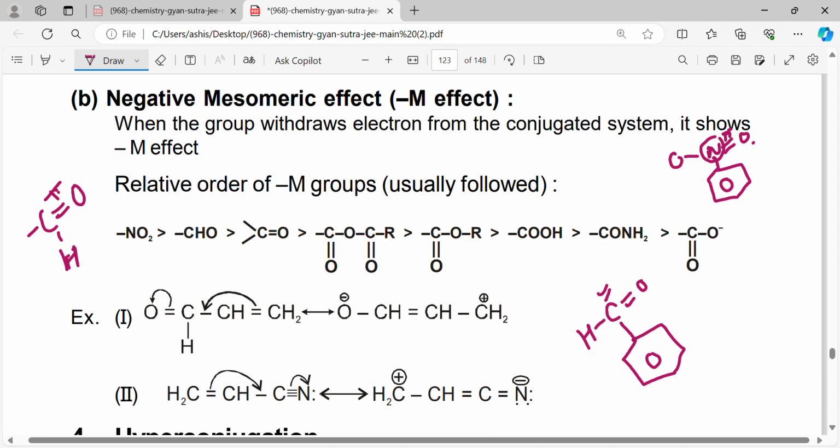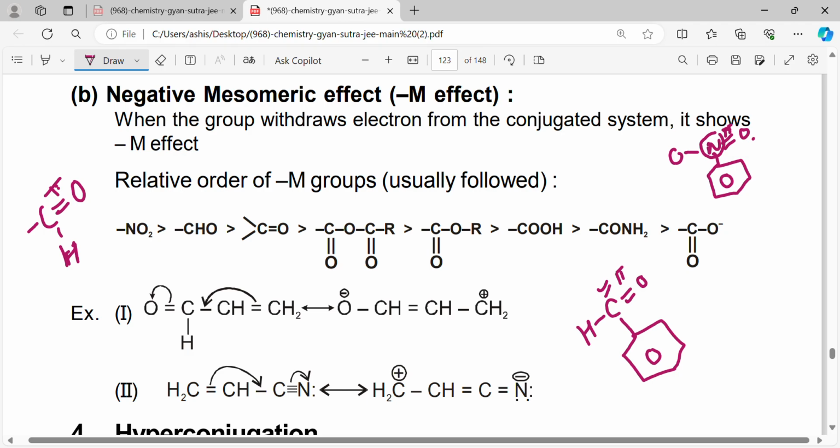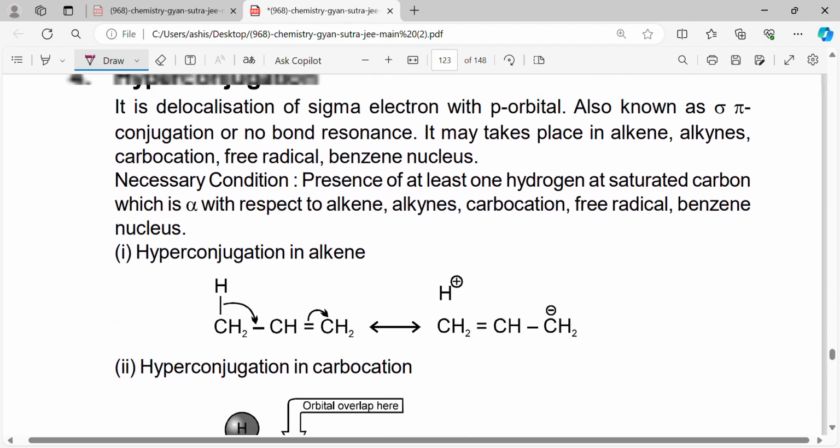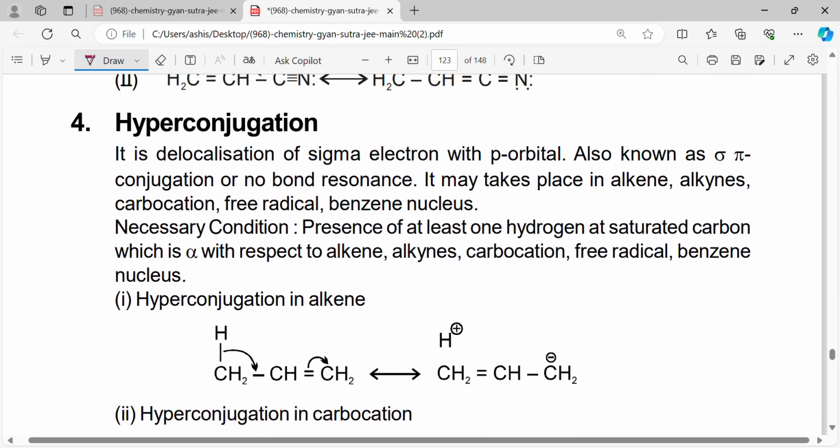In this case, carbon is our key atom, which is directly attached to the conjugated system, meaning the benzene ring, and this carbon is attached to an electronegative atom through a pi bond. So it is also a minus M effect. It will withdraw electrons from the benzene ring, hence it will deactivate the benzene ring toward electrophilic substitution reaction.